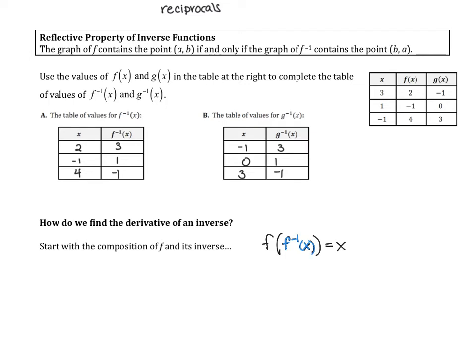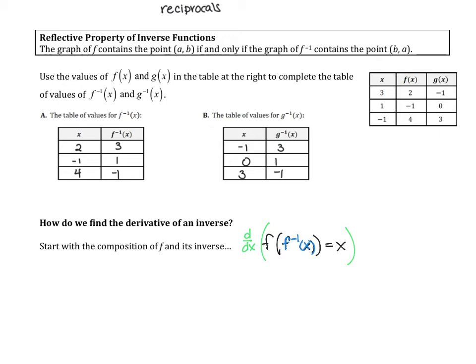So if we now take the derivative of this, let's take the derivative with respect to x of this composition. In doing that, we would need the chain rule, right?